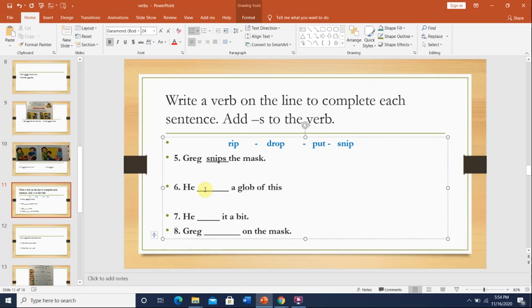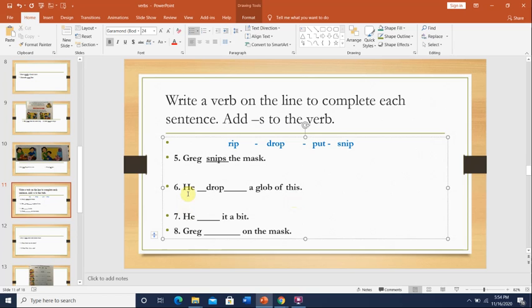Number 6. If you look at the picture on page 122, you'll see that Greg is putting glue. So we can write he drop a globe of glue. Okay? So he drop, is this right? He drop a globe of glue?